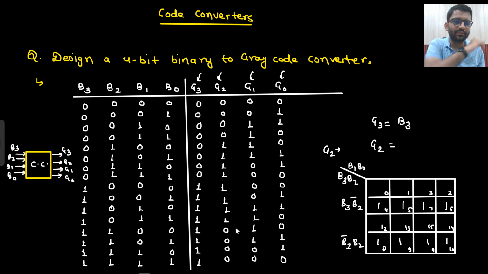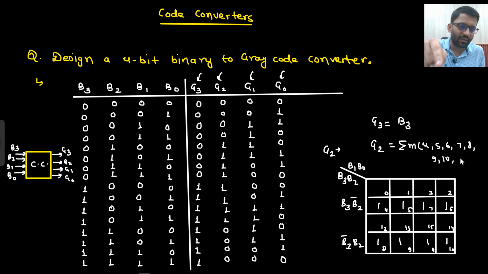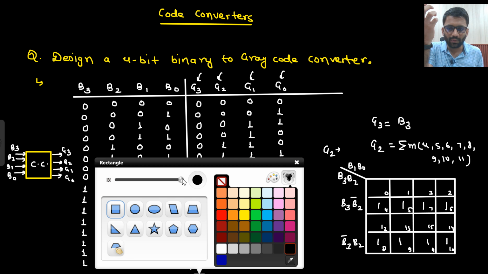What about G2? What are the min terms of G2? Min terms of G2 are 4, 5, 6, 7, 8, 9, 10, 11. So these are the min terms. Just put them in your K-map. Now what do I need to do?